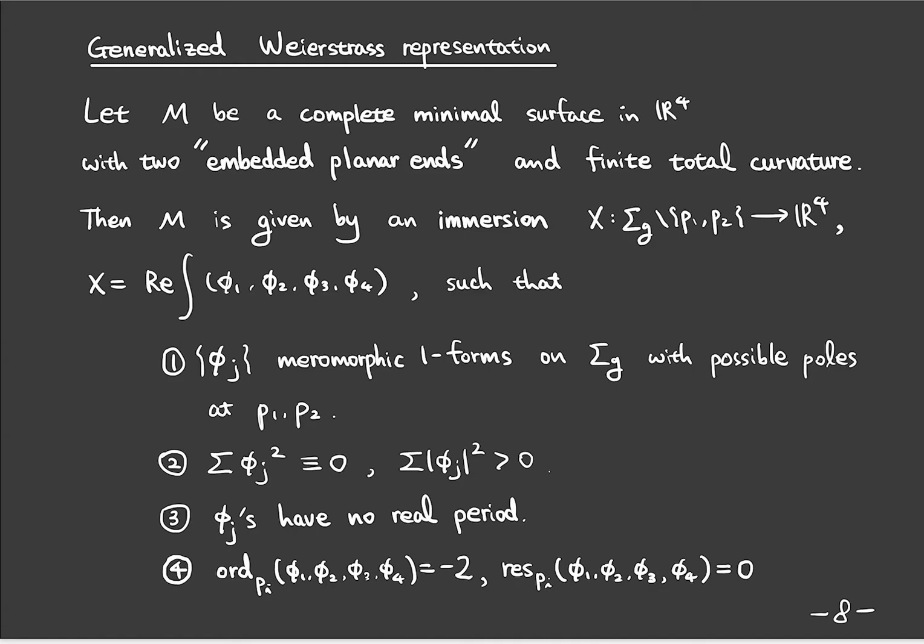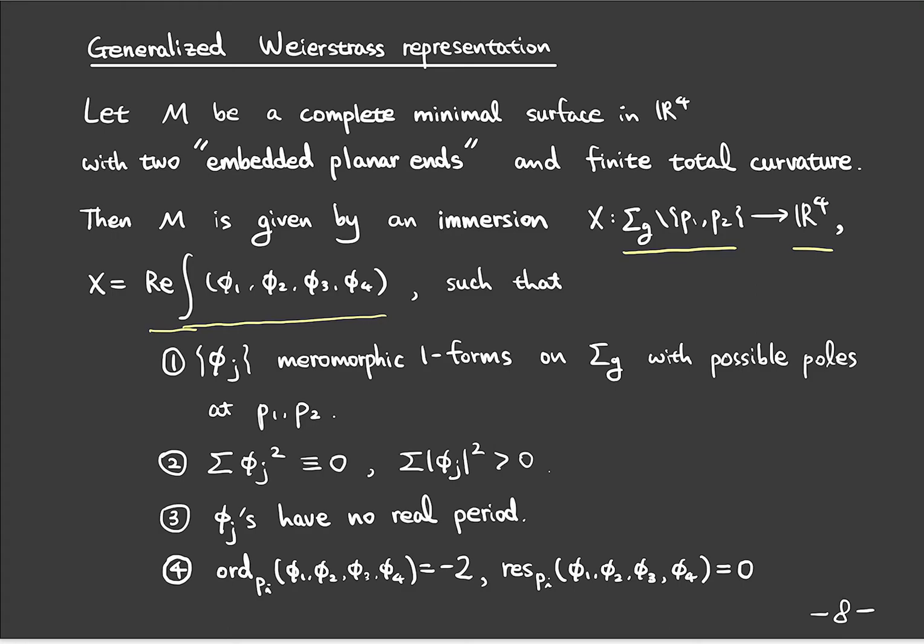Then M is given by an immersion X from a punctured Riemann surface sigma into R4, which is given by the real part of this integration with 4 conditions satisfied.